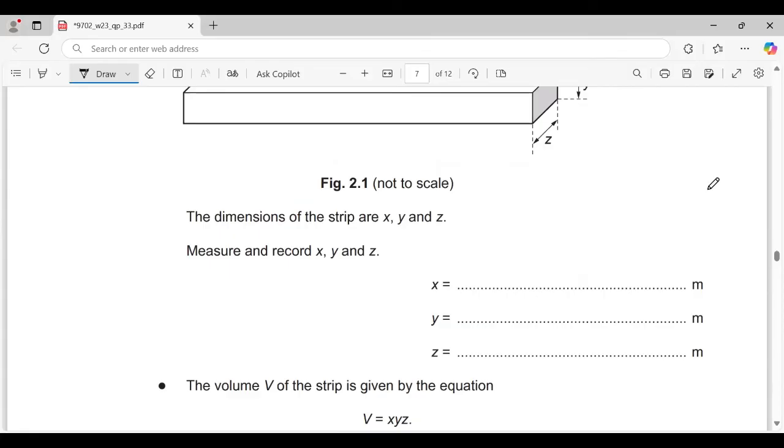I have measured, and my measurements are 50 centimeters, or 0.5 meters. Y is 30 centimeters, or 0.3 meters. Z is 20 centimeters, or 0.2 meters.